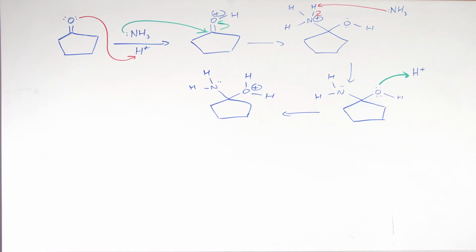What we're going to see is something very similar to what we did yesterday with the hemiacetal, and that is we're going to displace water. Only this time we're going to do it with nitrogen. Now we have formally water in the reaction, so we can use that in the next step if we want. That takes us here.